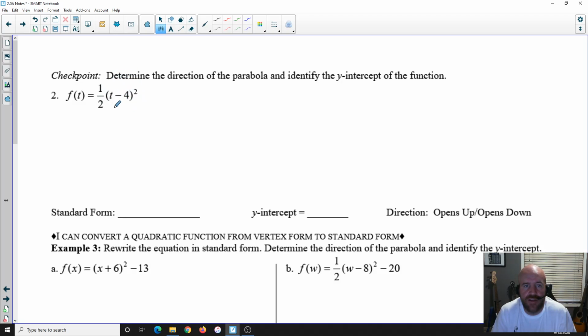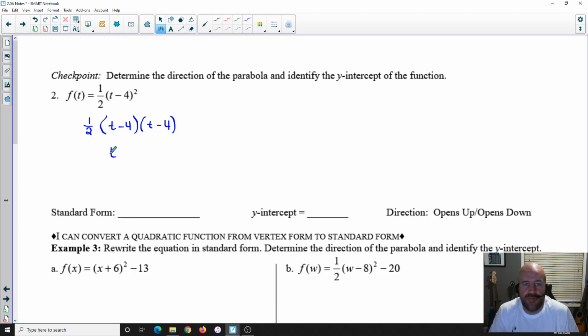I'm going to write this out so we can all see it. Whenever you have a quantity squared, that just means we're taking that thing and multiplying it by itself. And then the 1/2 is out here. So we have a problem just like we did in the other examples.